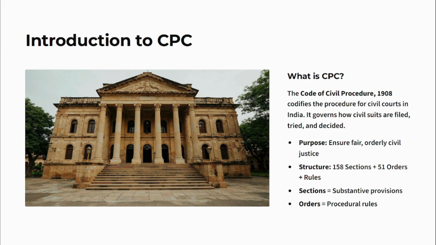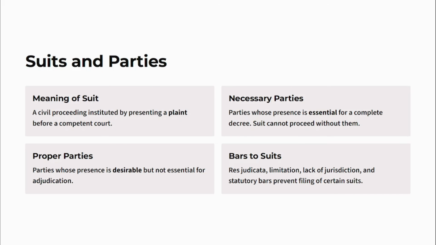It has 51 orders, that means the rules under them. These explain step by step how to do each part. Okay, so it's easy to remember: sections are the skeleton, that is the main rules. Orders are the flesh, that is the detailed steps. Let us go to the next slide.